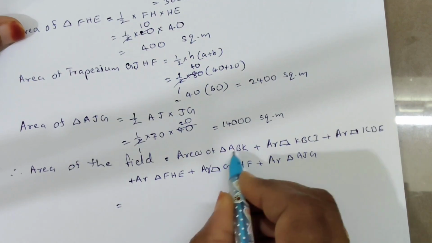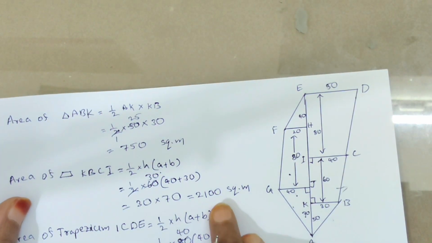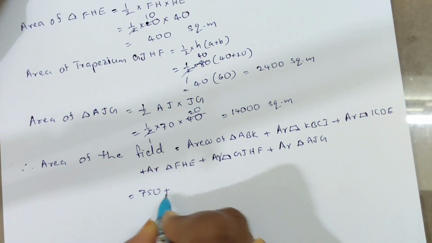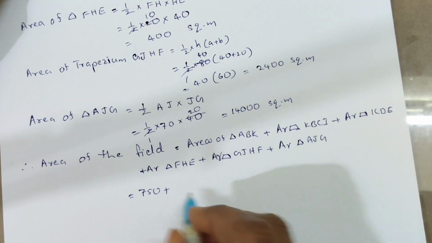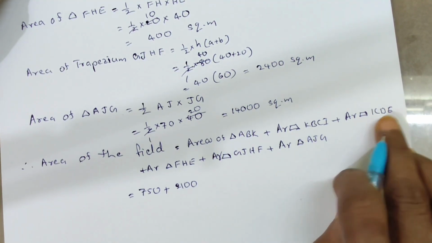Now that equal to area of ABK. Here first one is the ABK 750. Second one, KBCI is 2100, plus third one ICDE.